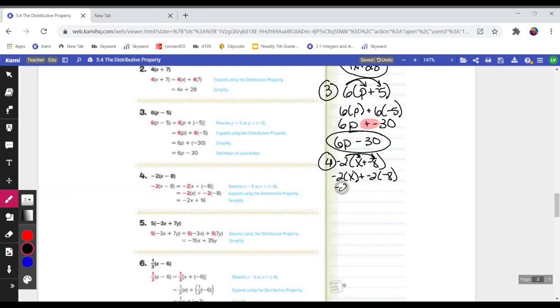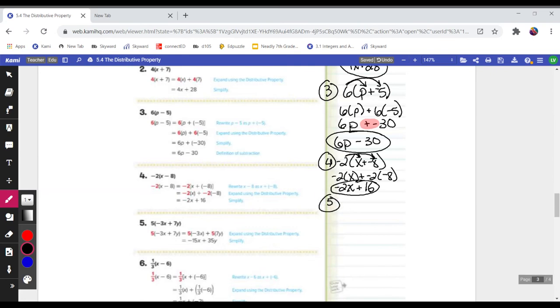Negative 2 times x is a negative 2x plus negative 2 times negative 8. Well, negative times a negative is a positive. 2 times 8 is 16. Well, I can't simplify that any further because I have a variable term and a constant term. So that's my answer.